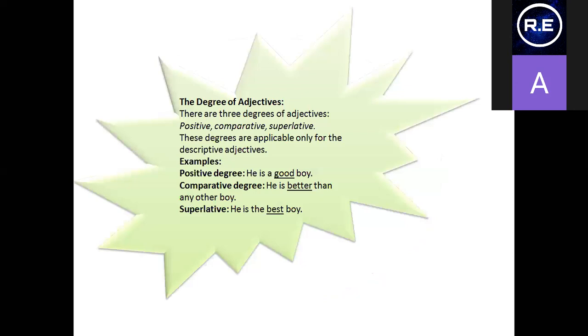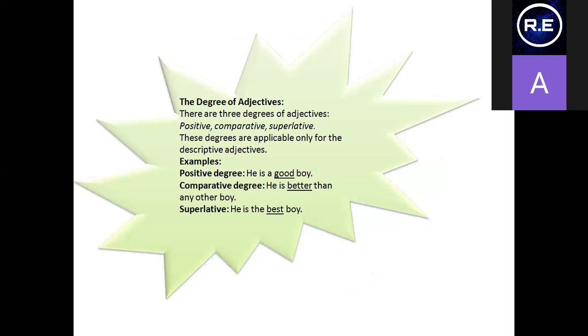And then we have the degree of adjectives, which is, again, I am comparing. Remember when we said I earned more money than he did? Now, that's not really comparing, but I want to give you a good degree. Like, for example, he's a good boy.